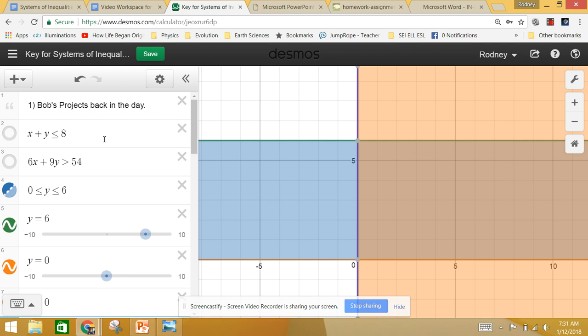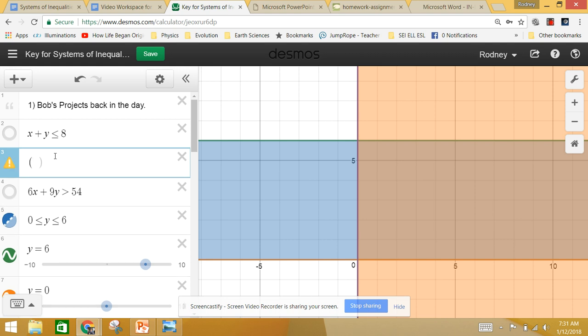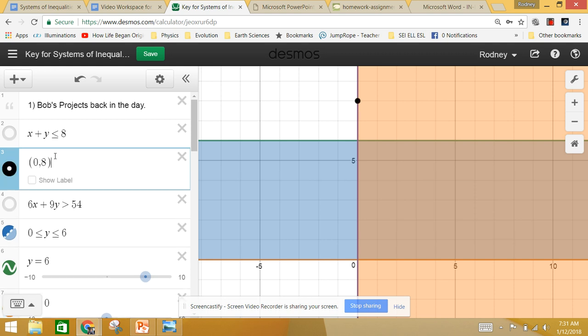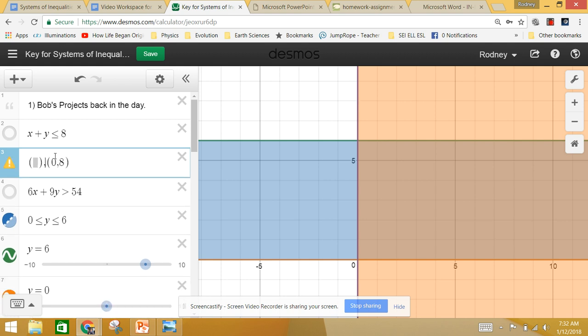So we also have this inequality. So this is in a simple standard form where my coefficients are 1 and 1. So if x is 0, then y has to be 8. So I have a y-intercept at 0, 8. And if y is 0, I'm going to have an x-intercept at 8 as well.